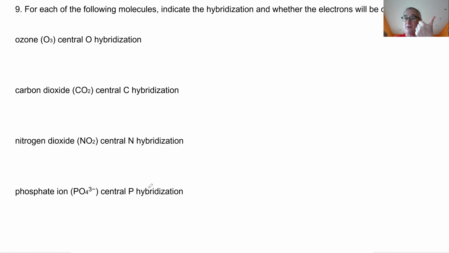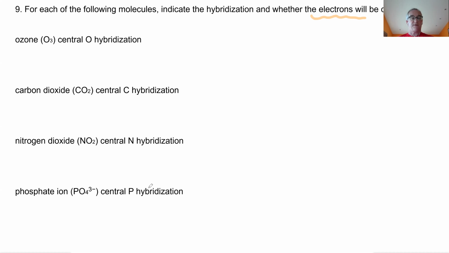So here we're talking about the hybridization, sp, sp2, sp3, and whether or not, now this is the other form of hybridization, you'll see a hybrid structure, whether there'll be more than one structure you can draw from that, and whether the electrons will be delocalized, whether they'll be stuck in a double bond on one side and a single bond on the other, or will they be delocalized and go between a central atom. So yeah, you want to just start with ozone?